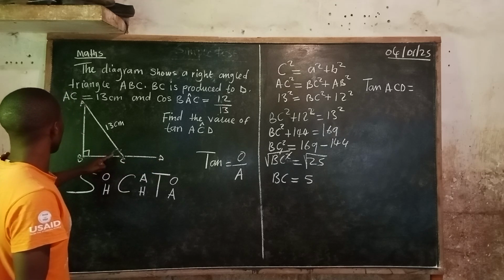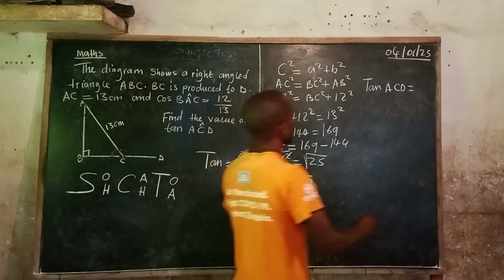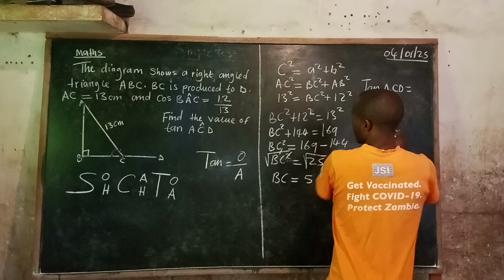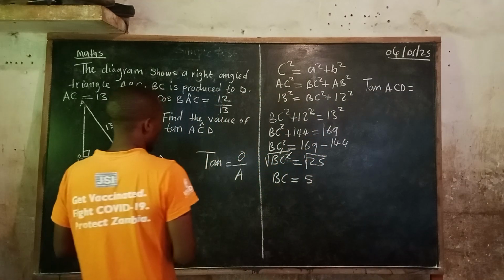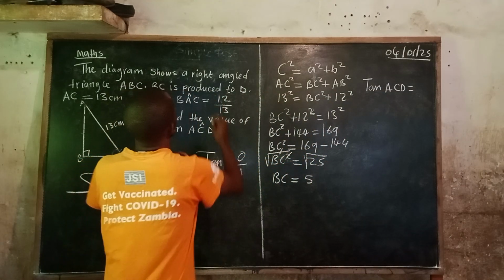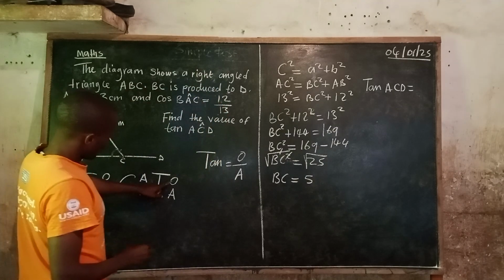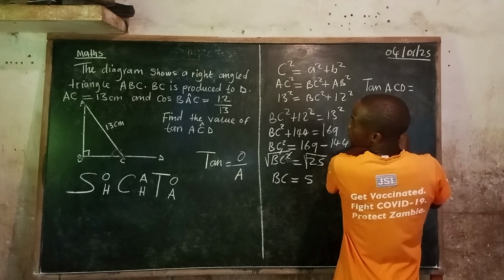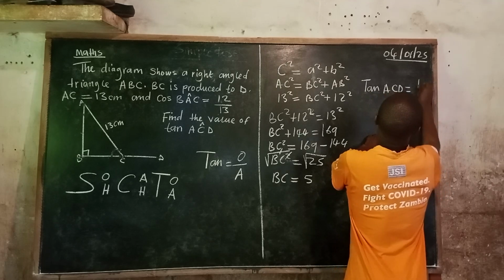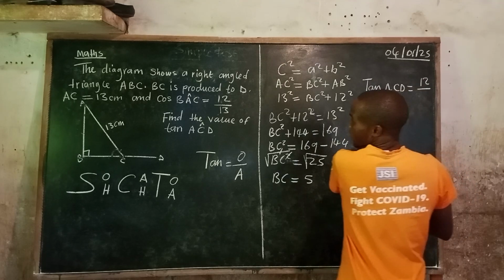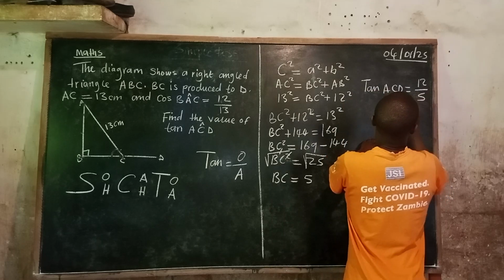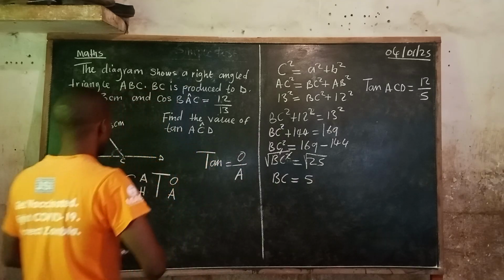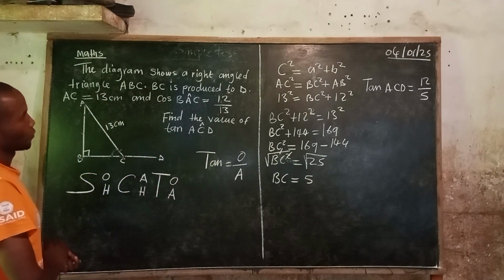This is the targeted angle, so our opposite is 12. Opposite over adjacent. So our opposite is 12 in that case, so 12 over adjacent, which is 5. So our adjacent, according to the tan that we have here, is 5.